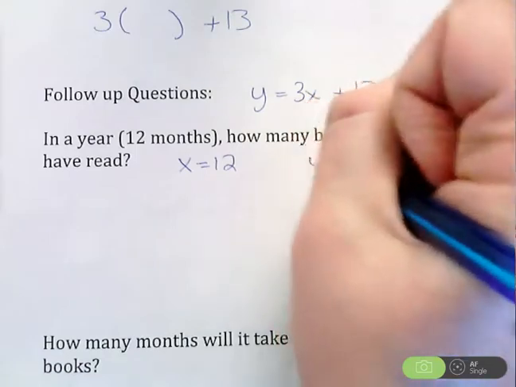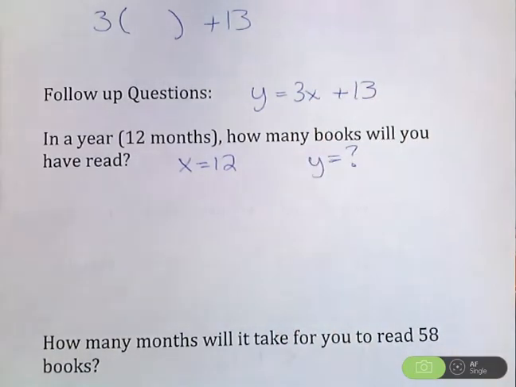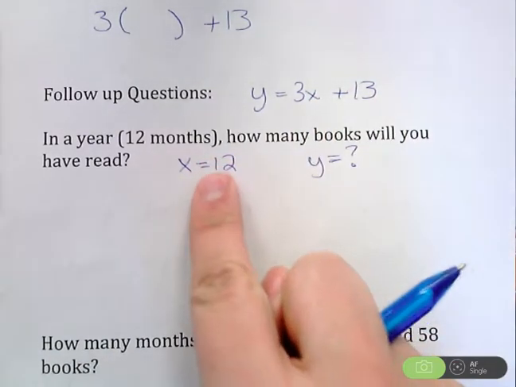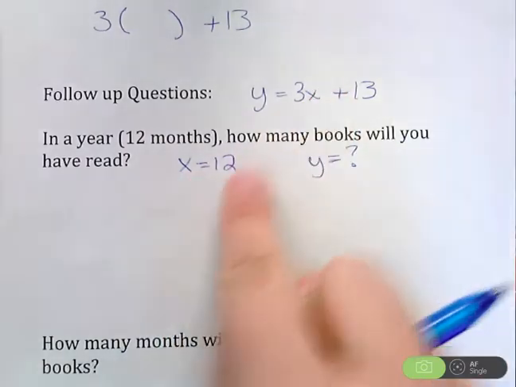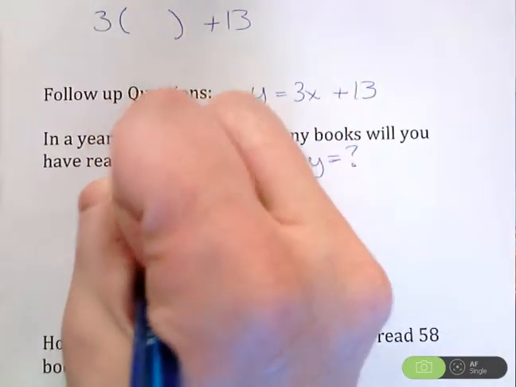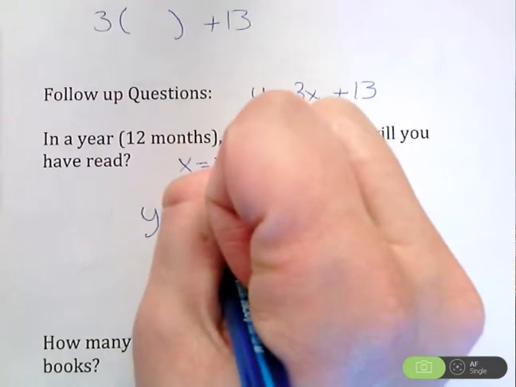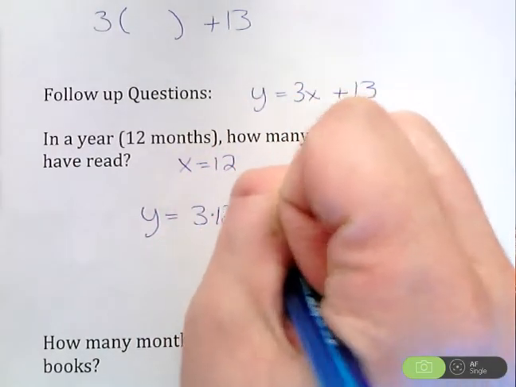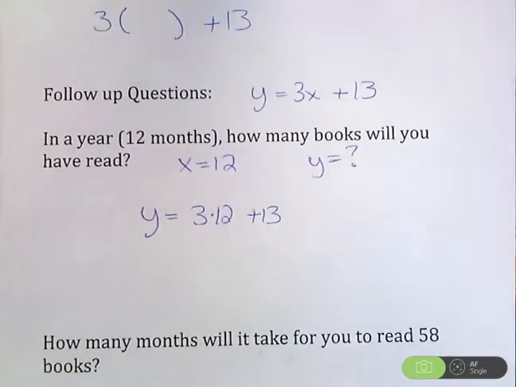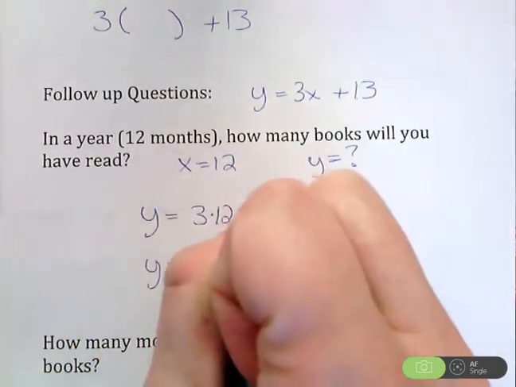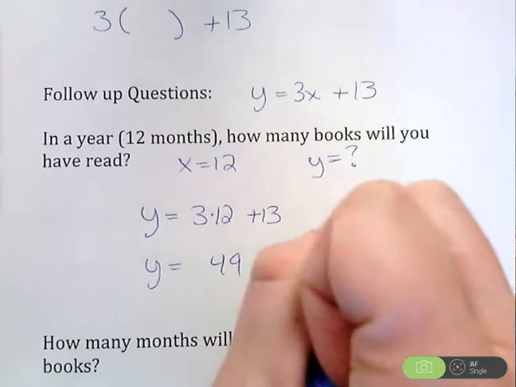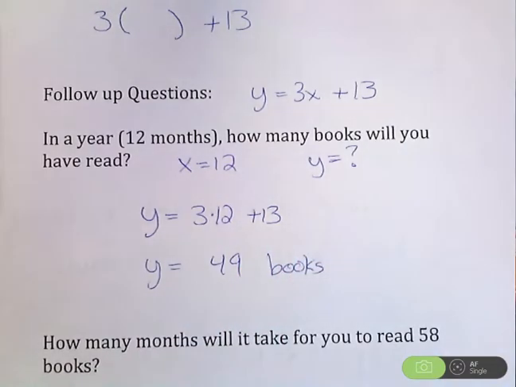Which means they're asking about what is y. So if I know an x, I want to figure out y. Let's just plug in here and solve. So I have y equals 3 times 12 plus 13. You could do that in a calculator. I get 49. So 49 books is what I should expect after a year.